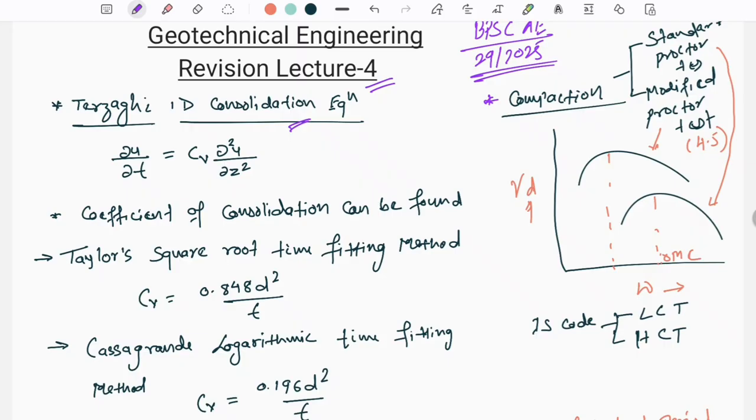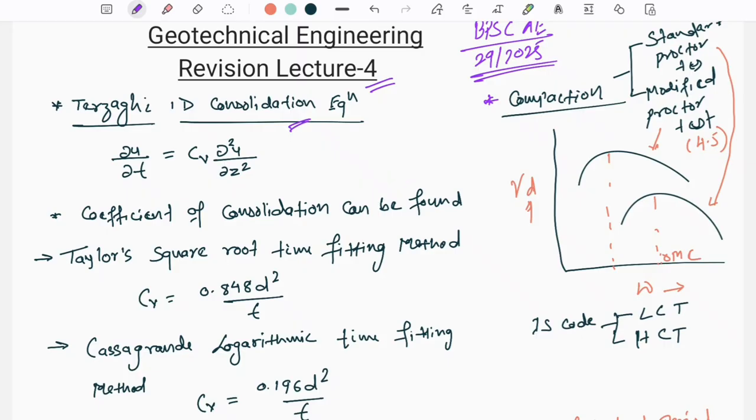So we can say compaction is an instantaneous process and consolidation is a time dependent process, since the water is squeezed out from the pores of the soil. So it is a time dependent phenomenon, whereas compaction is an instantaneous phenomenon.